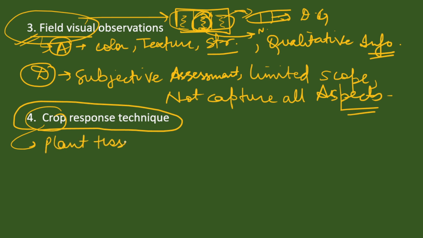These are the techniques through which we can observe how the crop is reacting in the field, how the crop is surviving in the soil, and through which we can get to know about our soil. If the crop is flourishing and surviving very well, giving high yields, we can say that the soil is good in nutrients. So this is crop response, and we can also use plant tissue analysis here.